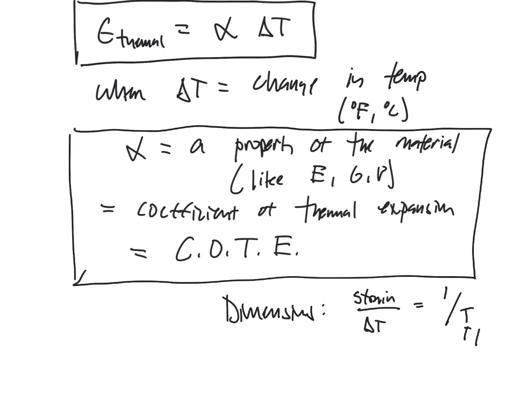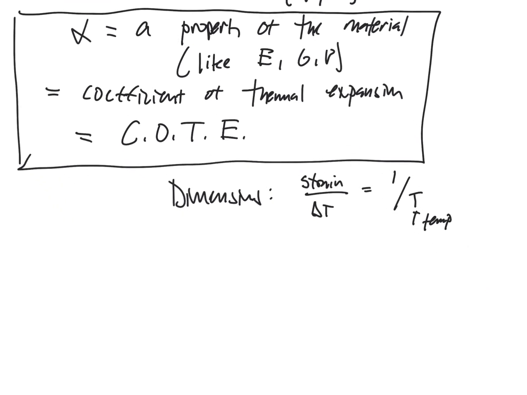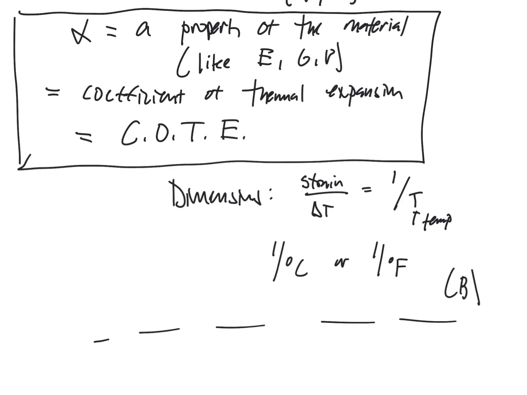That is our symbol for temp. Unfortunately, T can either be time or temperature. I would probably use lowercase t for time. This is one of the few times that we'll have to invoke temperature, so we're going to go ahead and use that. So the units are typically either 1 per degree centigrade or 1 per degree Fahrenheit. Those have to be called out, and they're typically given in the material data sheet. And that's wrapping up our second part for today's lecture.